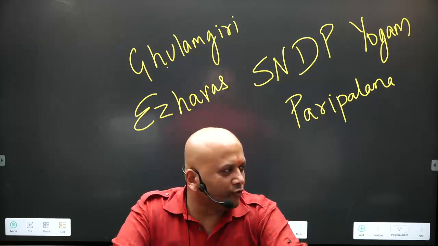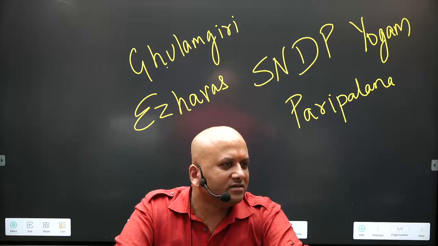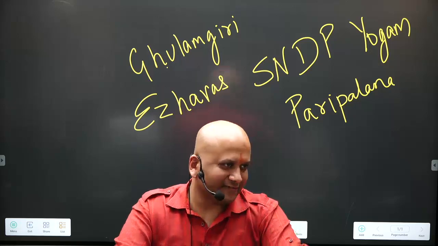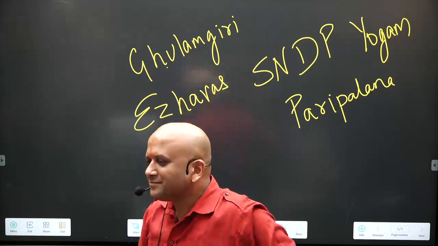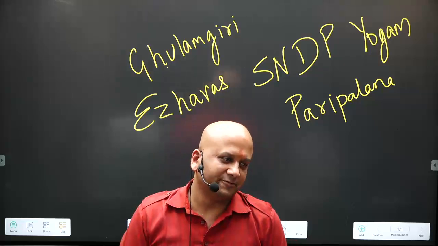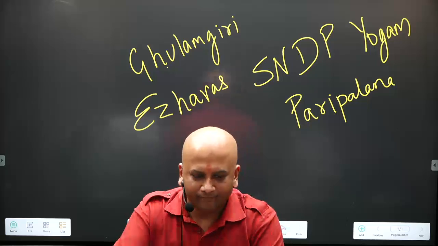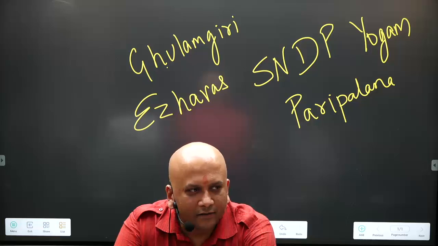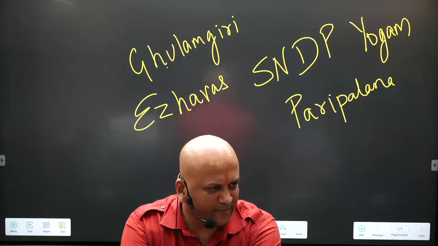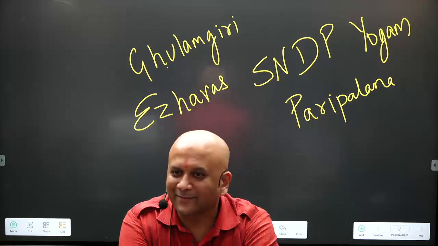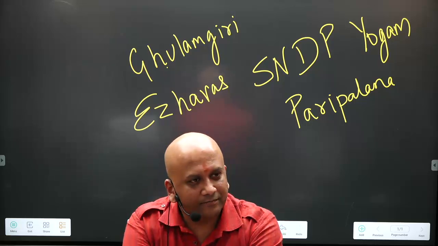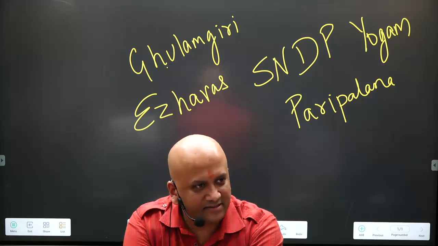Some of these movements also contributed to Sanskritization. For example, friends, many of the reformers, Arya Samaj, Brahmo Samaj type people, Ram Mohan Roy type people, translated scriptures into vernacular languages.